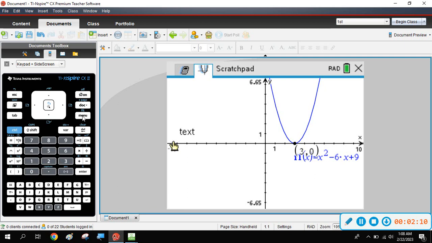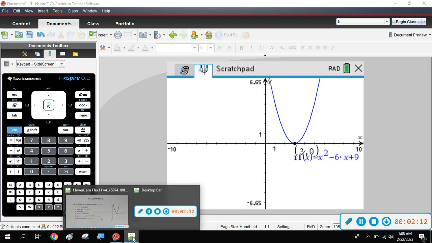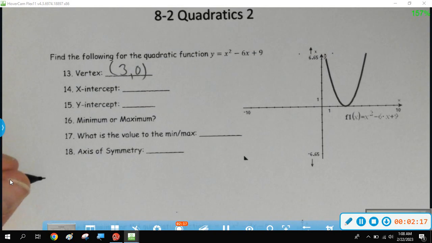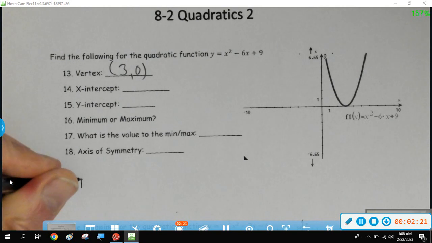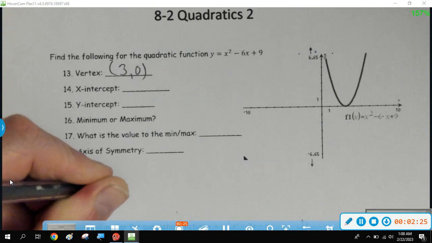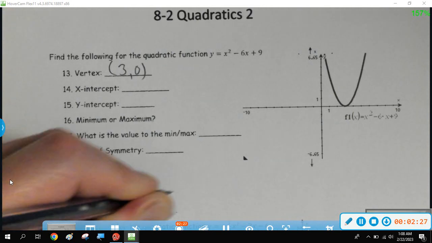And remember, we should probably go back and write in all those terms again because we're talking about zeros, roots, x-intercepts, and solutions.